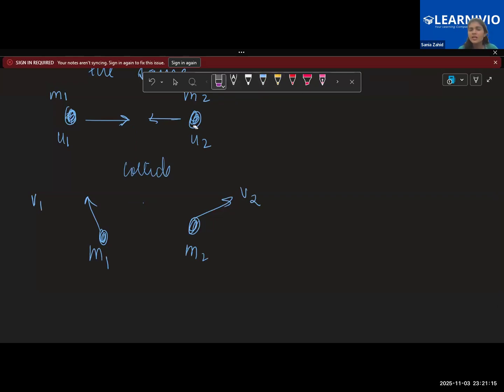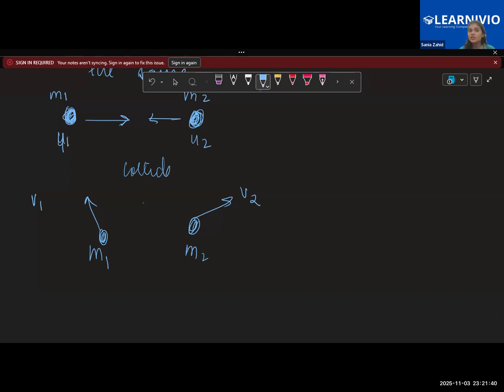What is this m1, v1? First of all, u1 and u2 are initial velocities. v1 and v2 are final velocities, okay? Now we want to see. This is m1 mass. This is another object, m2 mass.